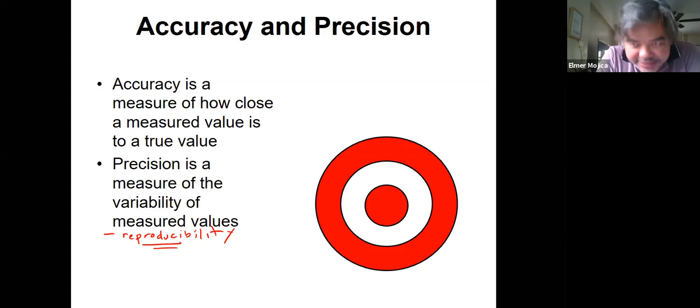Ideally, we can compare accuracy and precision using the target here. If this is the target, the bullseye that you have there is, we could say, the true value.